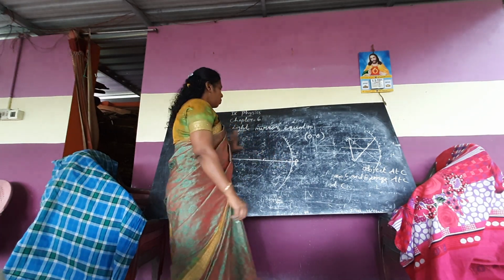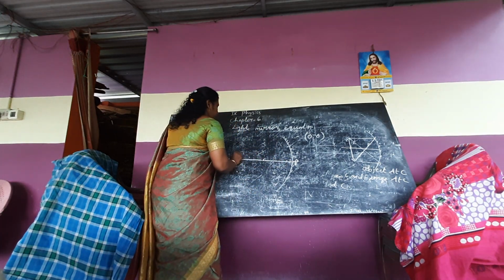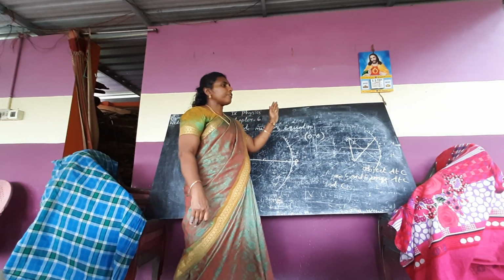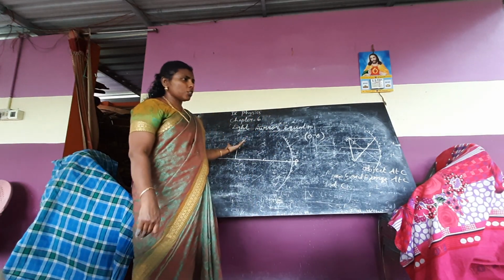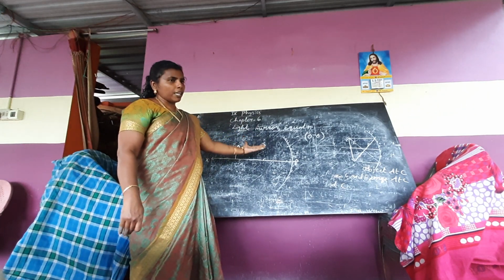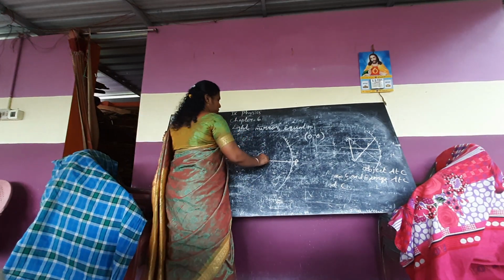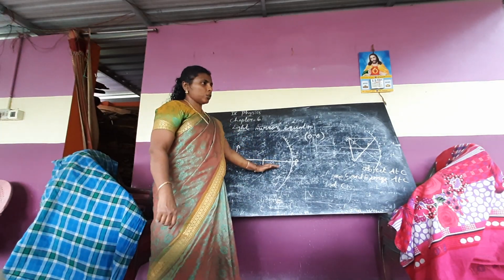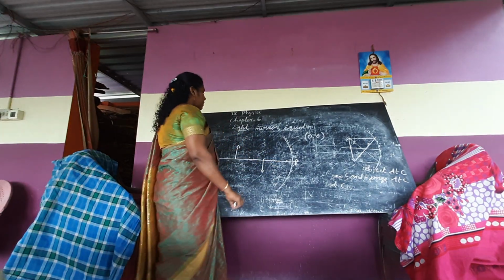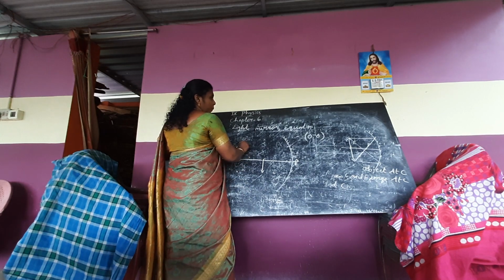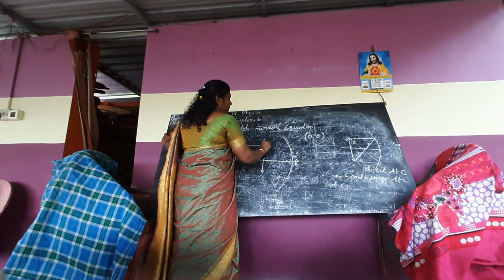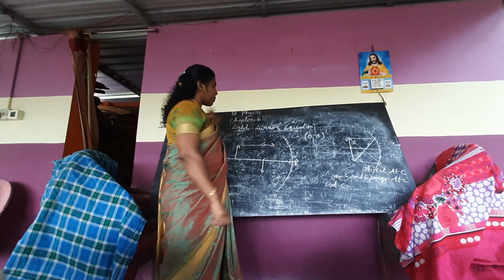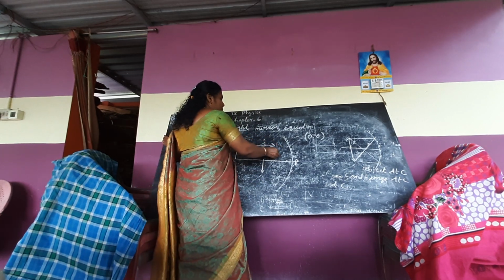Now suppose this is the object. The object is always kept at the left side of the mirror. Suppose you get an image. The object is there, the image is also there. Now the incident ray from this object passes through in this direction.